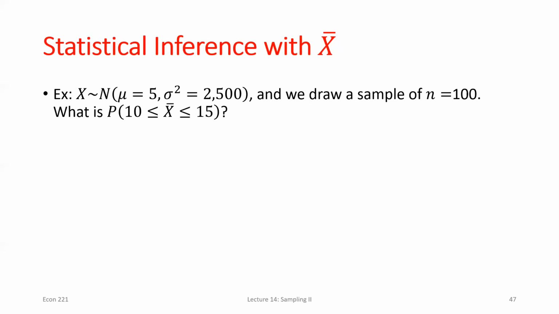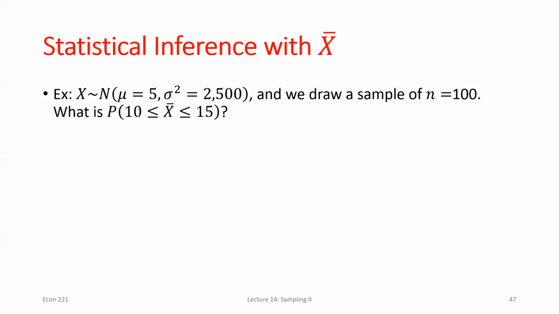It had a population mean of 5. So my sample mean should be centered around that same value. What's the standard deviation of these sample means? Well, it'll be the original variance, 2,500, divided by that sample size of 100. I chose these numbers to be nice and easy, so that we end up with a standard deviation for my sample means that's also 5.